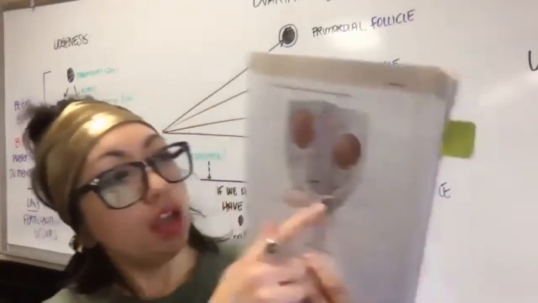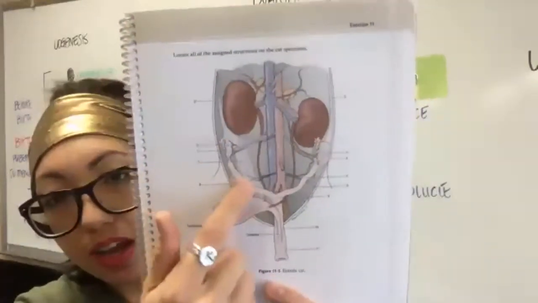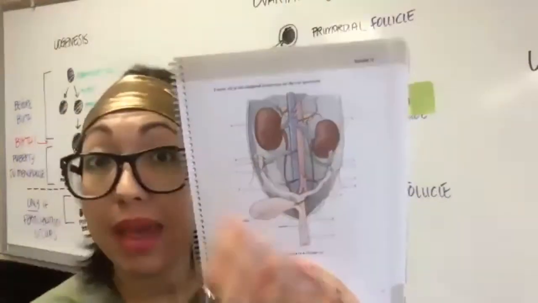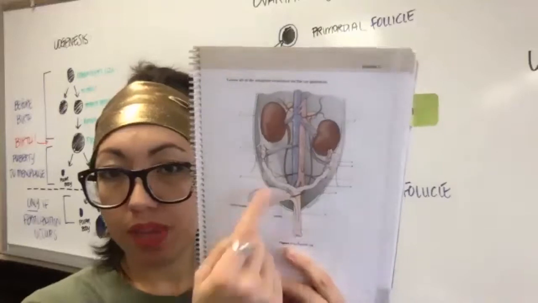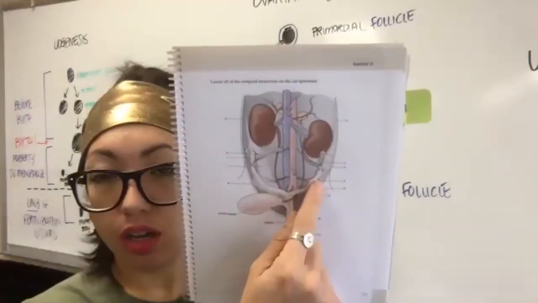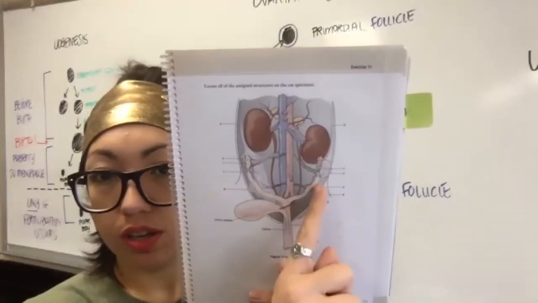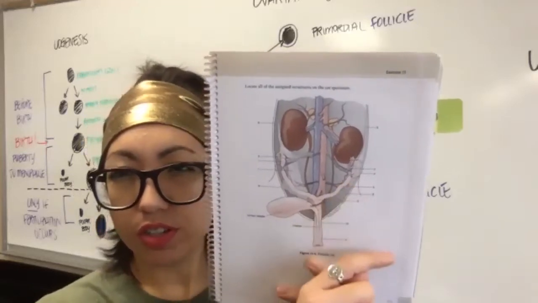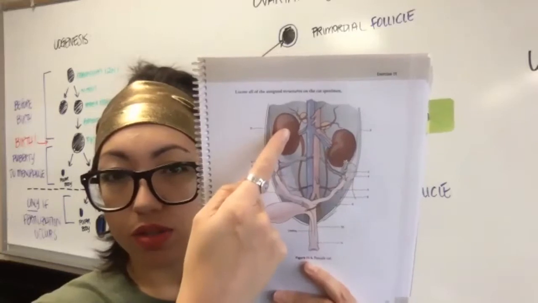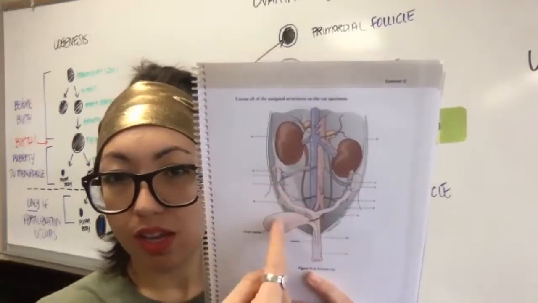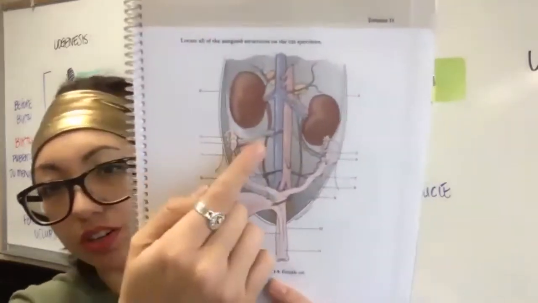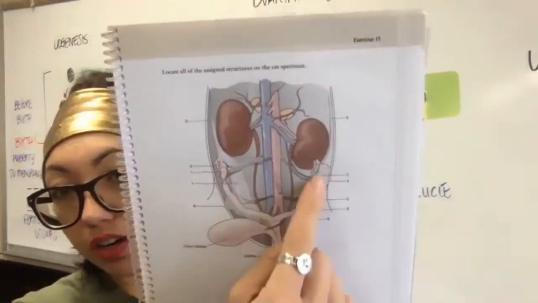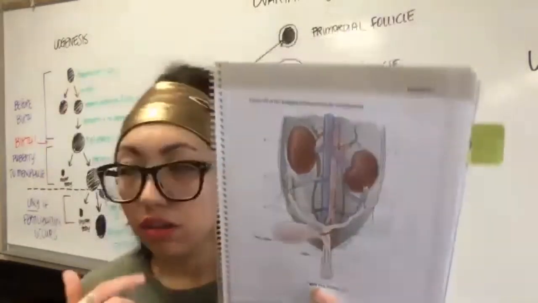But students tell me all the time when I'm testing them over the female reproductive system, they'll say these are ureters, right? Do you remember the term ureter? Ureters connect the kidney to the bladder. Do you see the ureters are these brown things? These are not ureters.